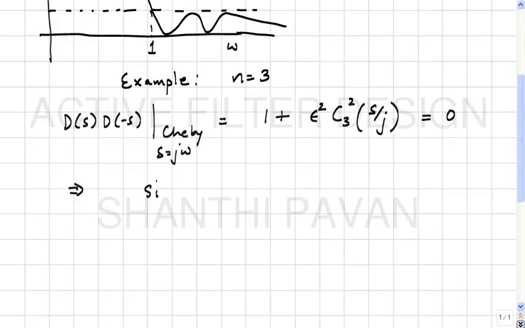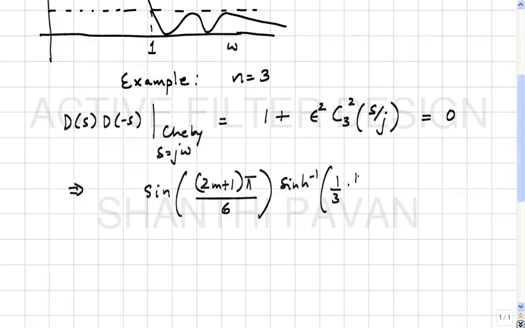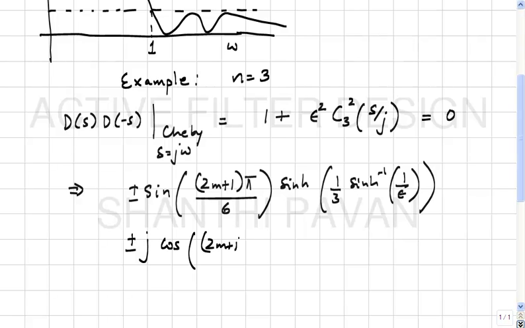Sine of (2m plus 1) pi by 2n, which is 6, sinh of 1/3 sinh inverse of 1 by epsilon, plus minus j cos of (2m plus 1) pi by 6 cosh of 1/3 sinh inverse of 1 by epsilon.